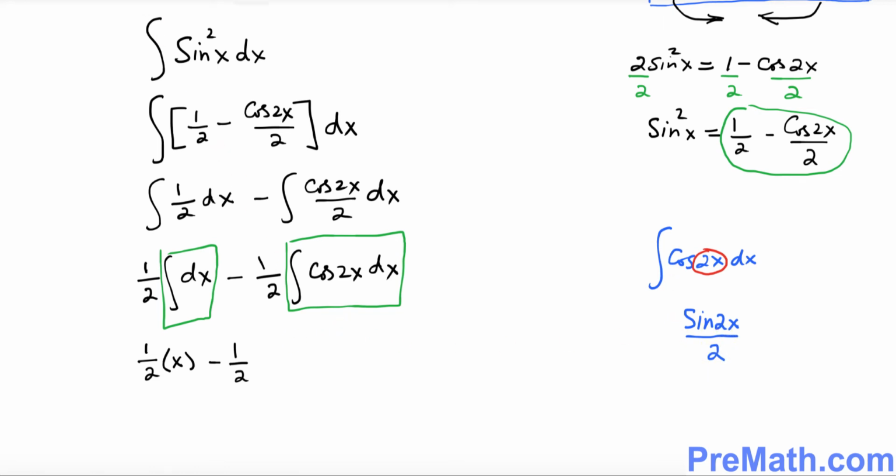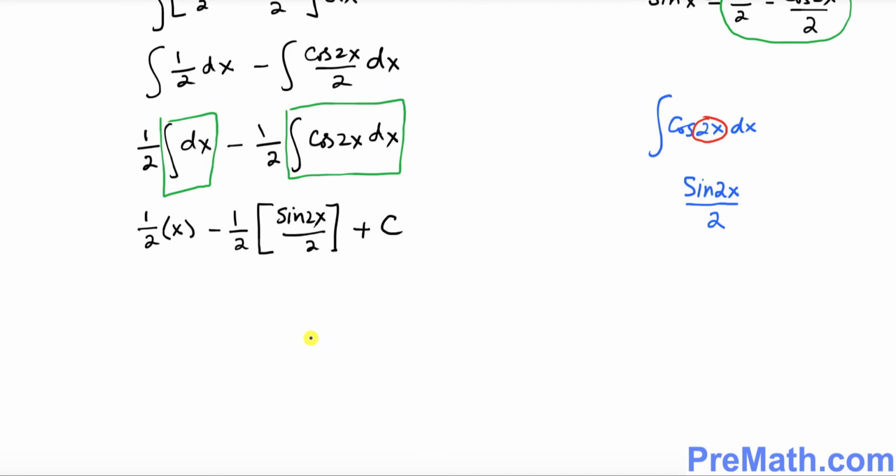So I'm going to write it down over here. This way, by the way, you don't have to use the substitution method. This is a super easy way of doing these kinds of problems. So write down sine of 2x divided by 2, and then at the end you put down c, where c is an arbitrary constant.